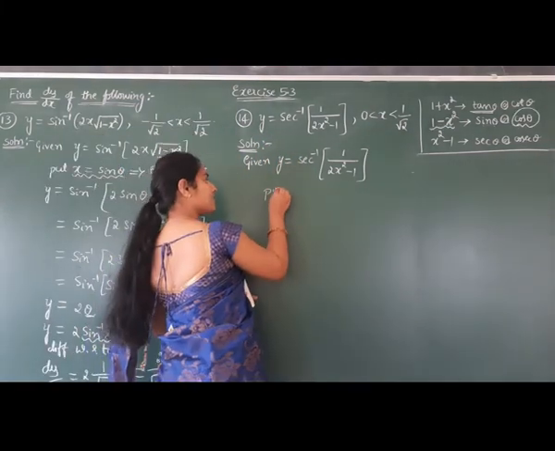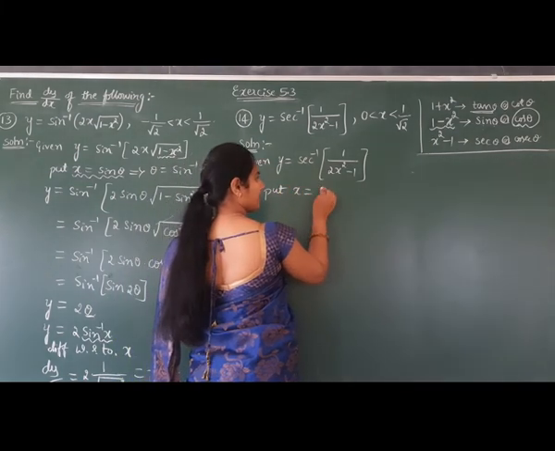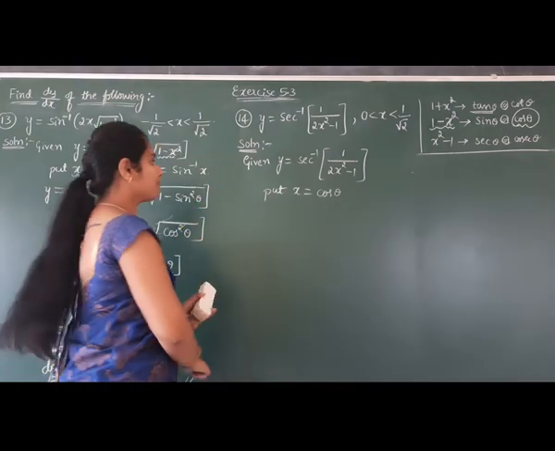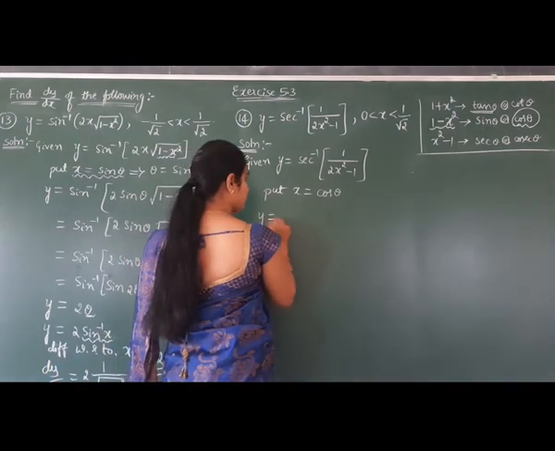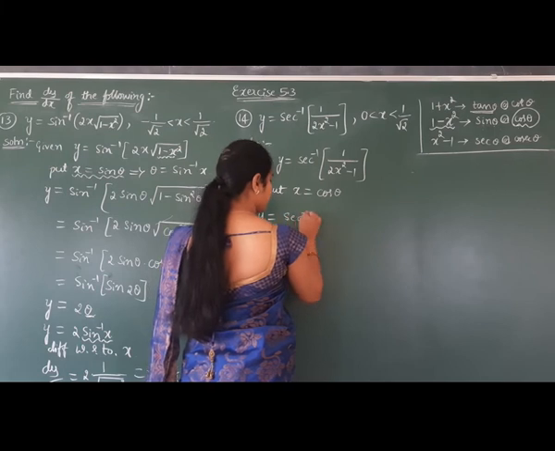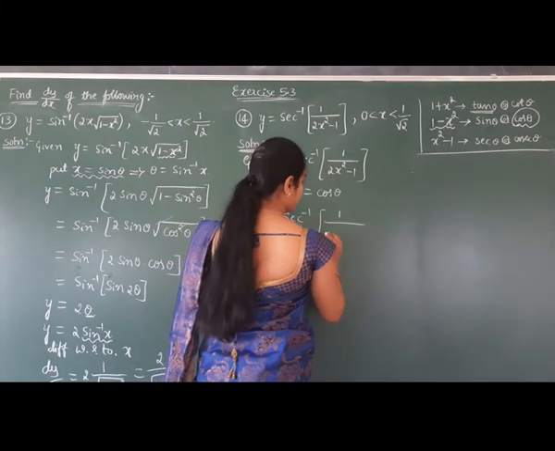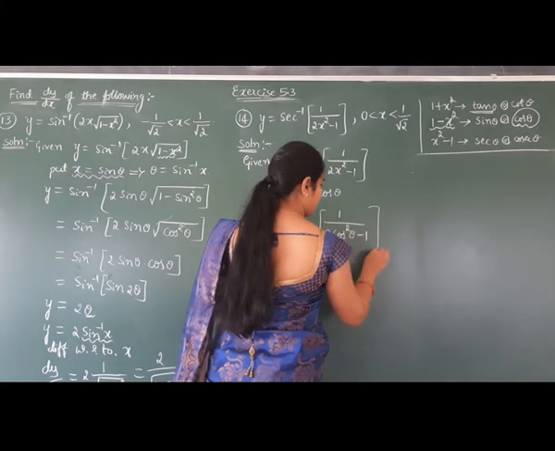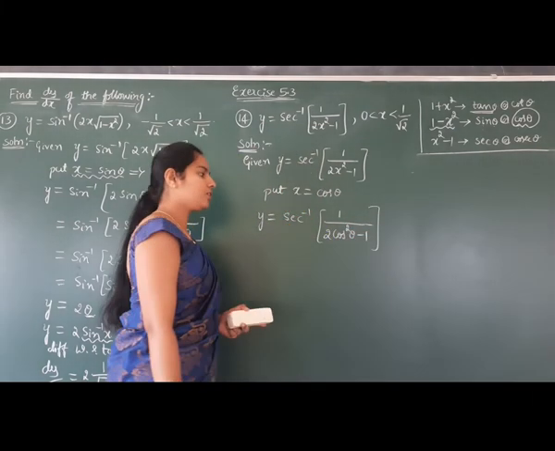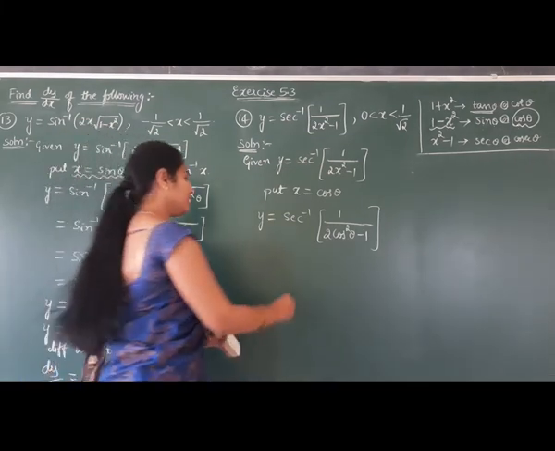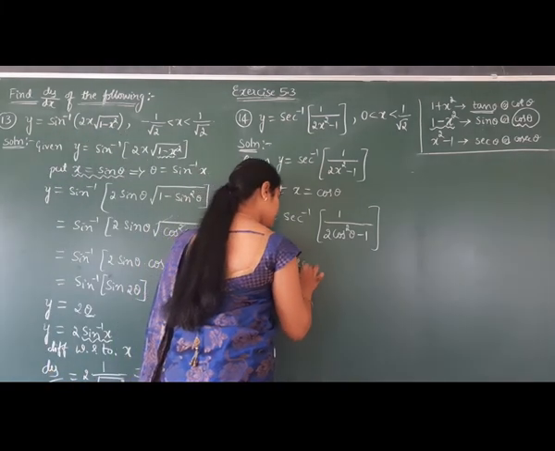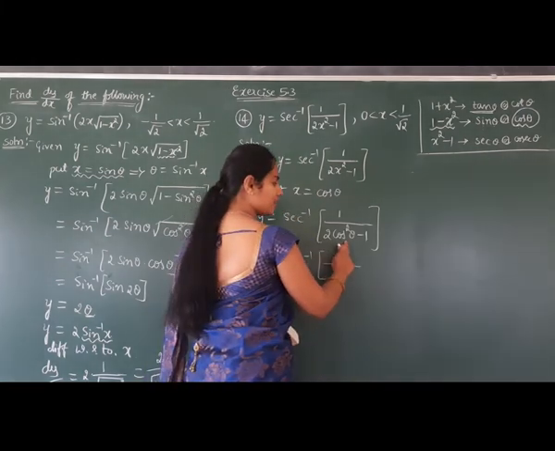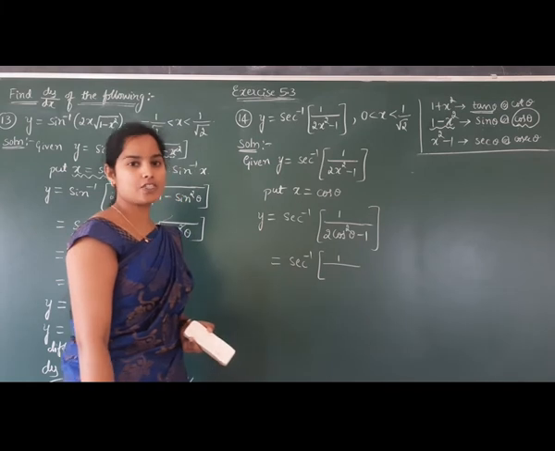Put x is equal to cos theta. Okay. So then y is equal to secant inverse of 1 divided by 2 cos square theta minus 1. This is equal to secant inverse of 1 divided by cos 2 theta, right?